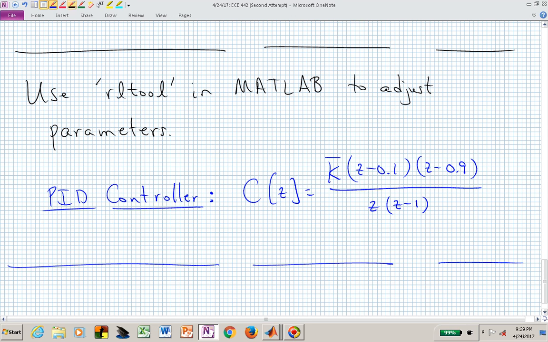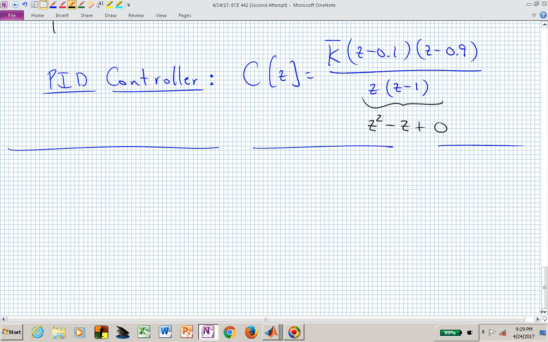So this is now giving us, which we did in Matlab, this z squared minus z plus 0. There's our three coefficients that we had identified in our denominator polynomial inside the controller's transfer function.